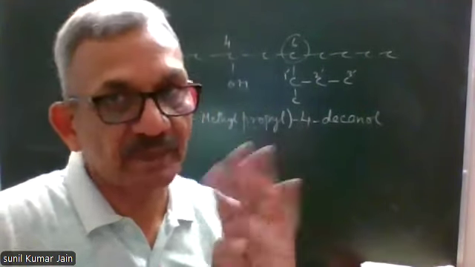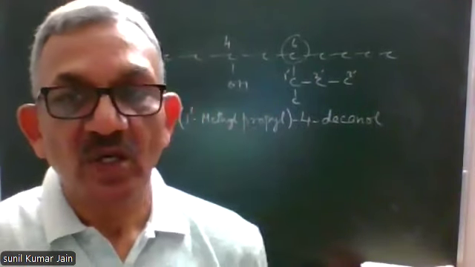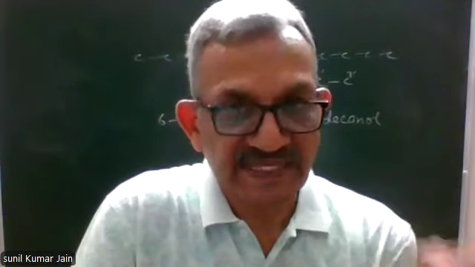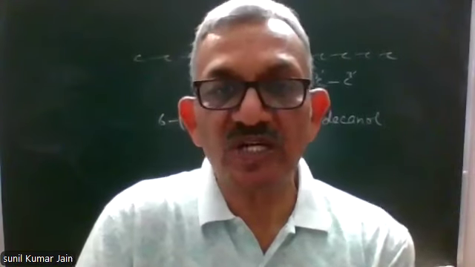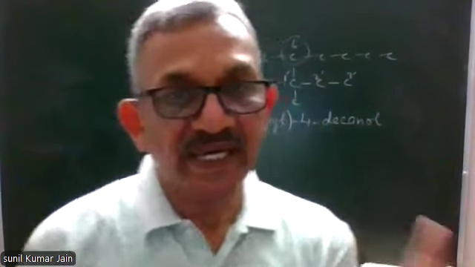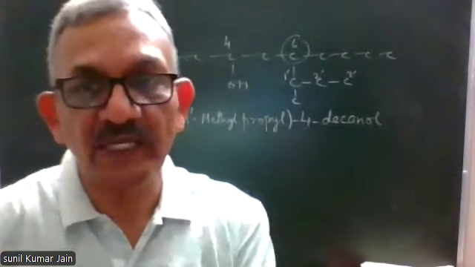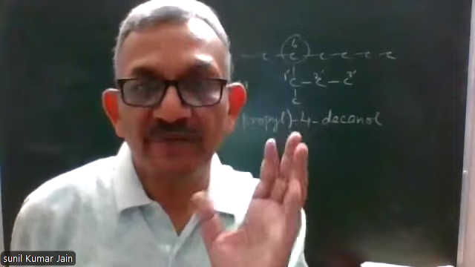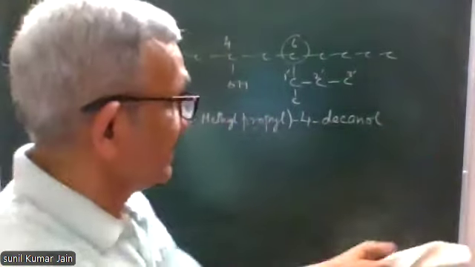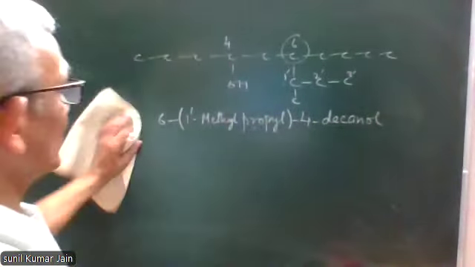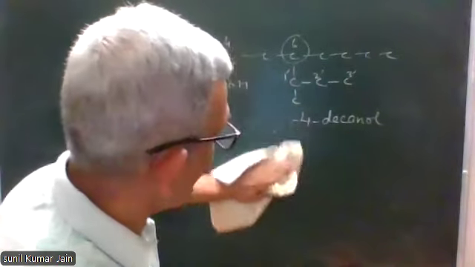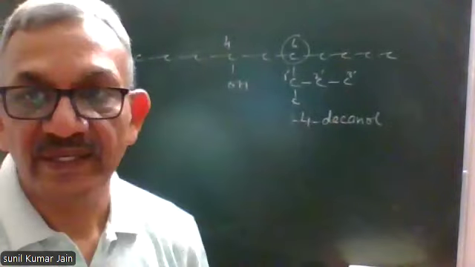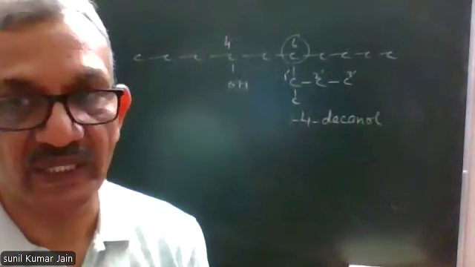But remember, sometimes we use prefixes like secondary, tertiary, neo. These types of prefixes are also used, and I'll tell you about these prefixes in one of the videos later on. If you use this type of prefix, then this branched side chain will be called a secondary butyl group.